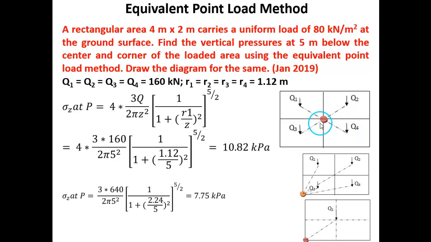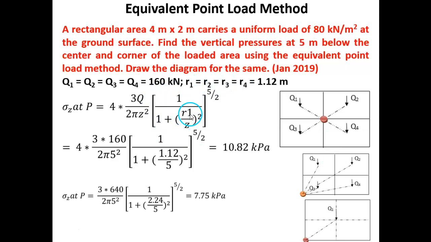So we can find the increase in vertical stress due to one rectangle, and then we can multiply with 4, because all the 4 point loads are same and radial distance is also same. So 3Q value is 160 divided by 2 pi into Z. Z value is 5 meter.